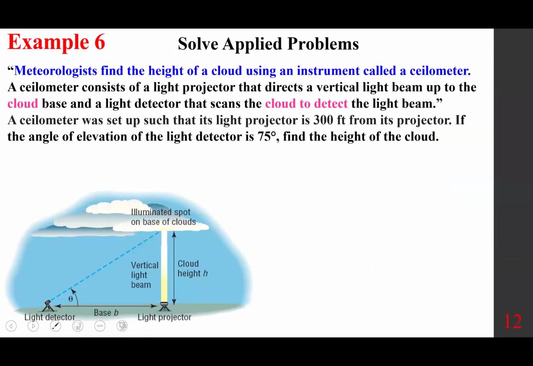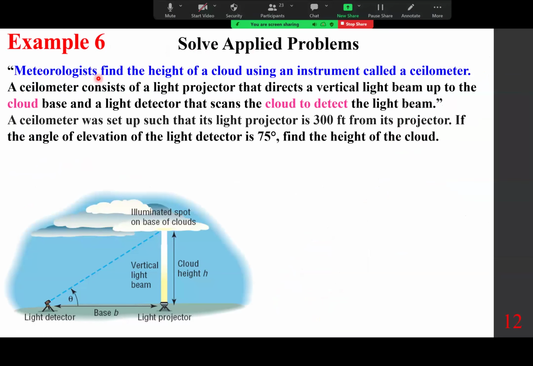Here's a simple example. So applied problem. Meteorologists find the height of a cloud using an instrument called a ceilometer. A ceilometer consists of a light projector that directs a vertical light beam up to the cloud base and a light detector that scans the cloud to detect the light beam.